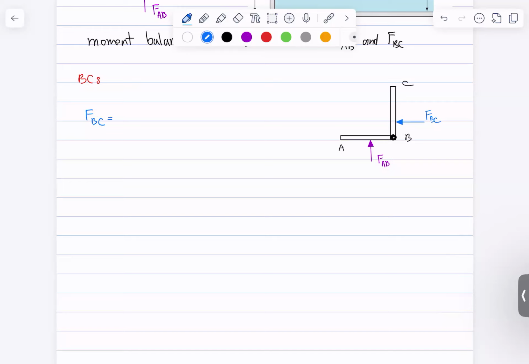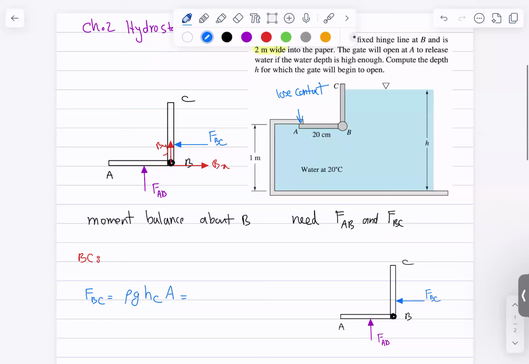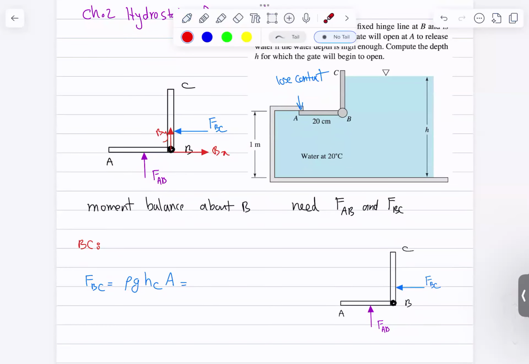We know force on the submerged plane has a magnitude rho g, h centroid of that plane times the area of that plane. Okay, so first I need depth of the centroid, right? So going back to the problem figure, this is the submerged part of BC, right?